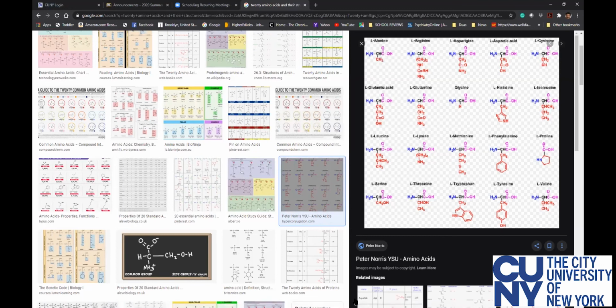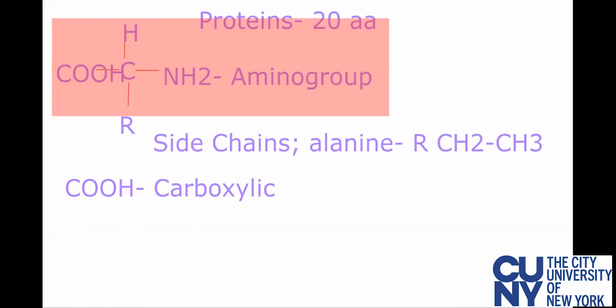So going back to my slide share, alanine is an amino acid where the side chain R is equal to CH3. I wrote CH2, CH3 here, but that's not right. The right R in the case of the amino acid alanine is CH3.